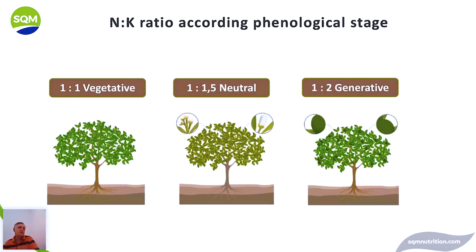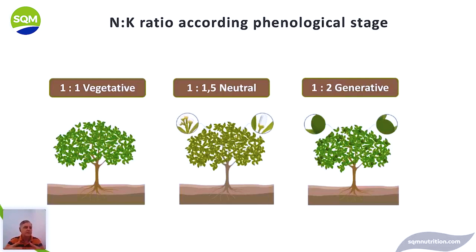And for the generative stage, after flowering, when you are developing the fruits, filling the fruit, when you want to increase the size of the fruits and so on, that's a 1:2 ratio. For every pound of nitrogen, 2 pounds of potassium. That's the generative ratio between nitrogen and potassium.